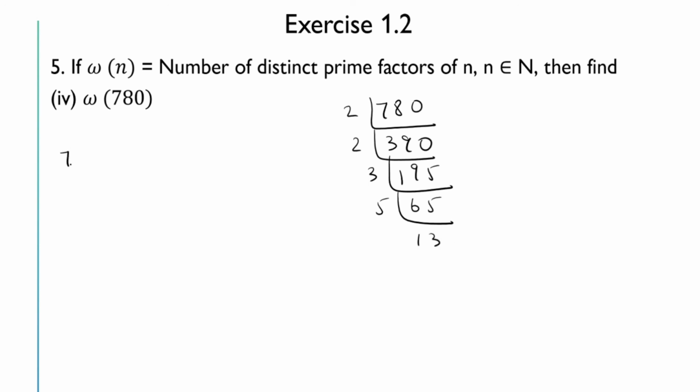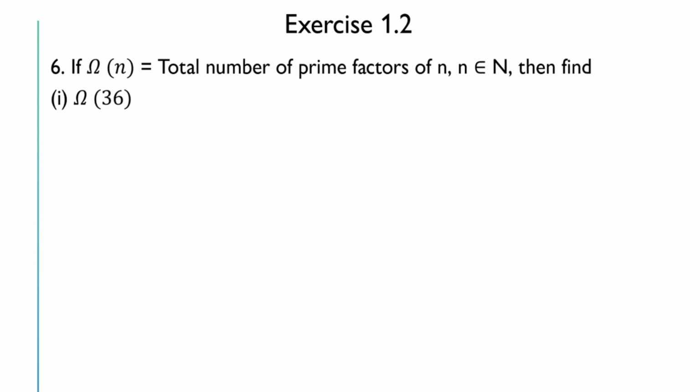So 780 is equal to 2 square into 3 into 5 into 13. So the distinct prime factors of 780 are 2, 3, 5 and 13. So omega of 780 is equal to 4. So the number of distinct prime factors of 780 are 1, 2, 3 and 4.